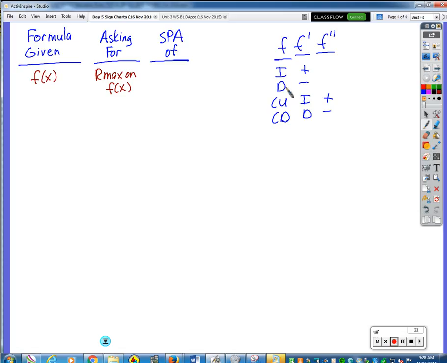So I need to do an analysis of the signs of F prime. Knowing how the signs of F prime change will tell me how F changes from increase to decrease, which will tell me when F has a relative max.